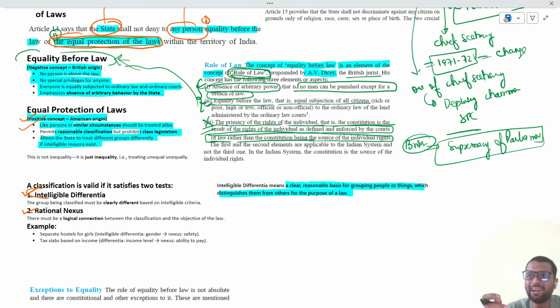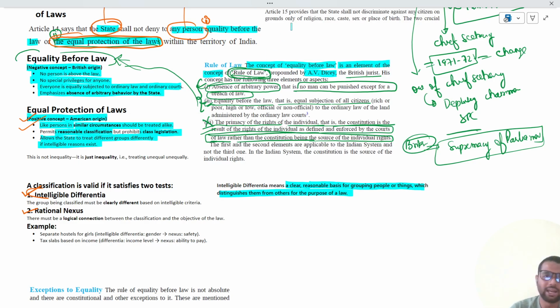And obviously you have some objectives to meet. This group of people has a certain objective which is entirely different from another group. So you are making two different laws for these two groups, so that the objectives of these two groups, which are entirely different from one another, are fulfilled. If that is the case, you qualify the intelligible differentia test.